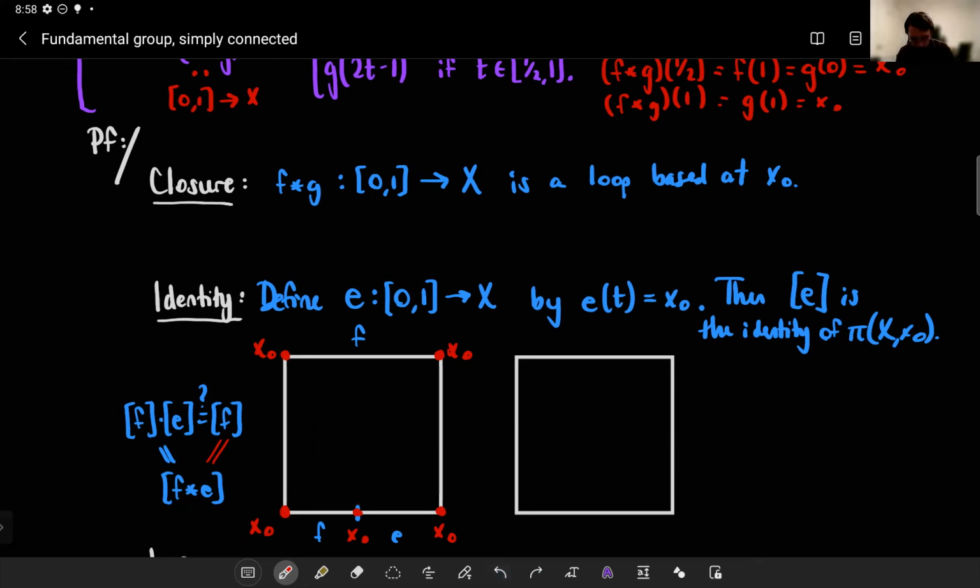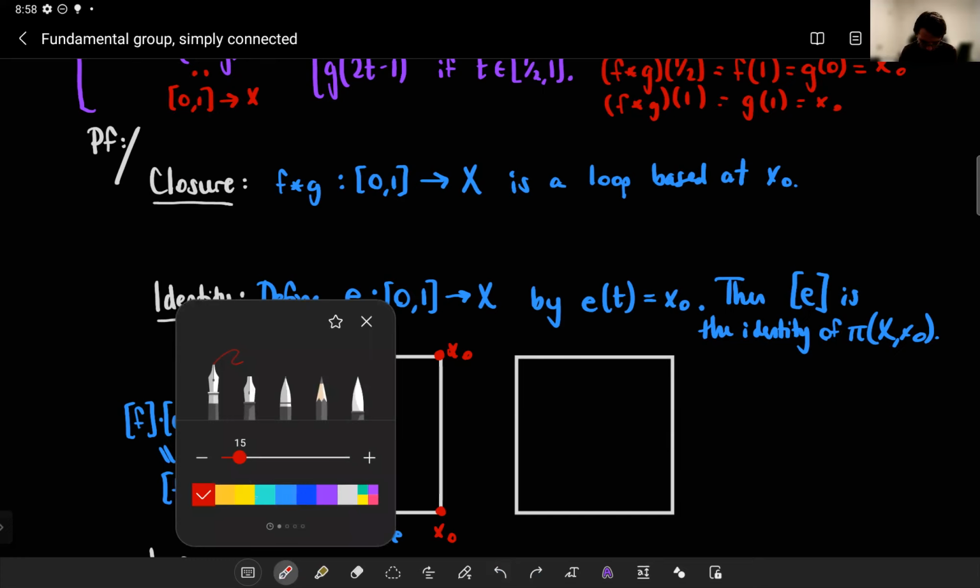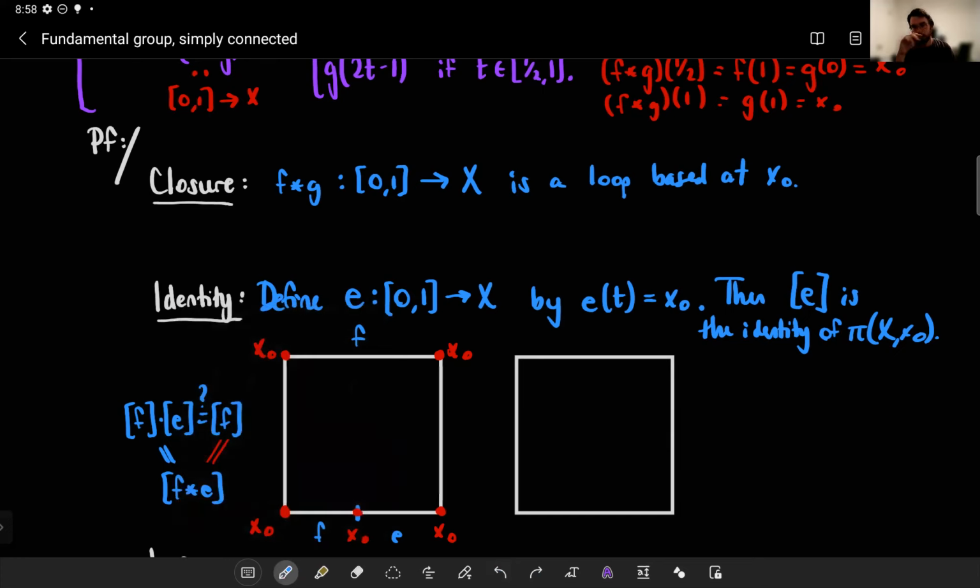So what we can do is we can say, well, a homotopy has to be a continuous map from basically the unit square to the space. And so how can I make a continuous map that transforms F concatenate E to F? Well, the way I do it makes no sense the first time you see it.